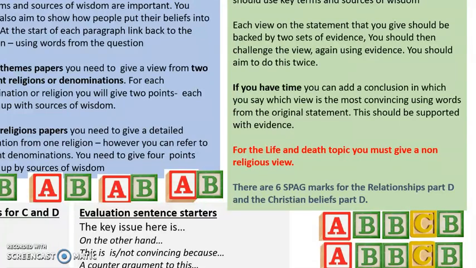If you can interpret passages in more than one way, that's a really good skill to show. And you're then using fewer Bible passages, so it takes less revision.